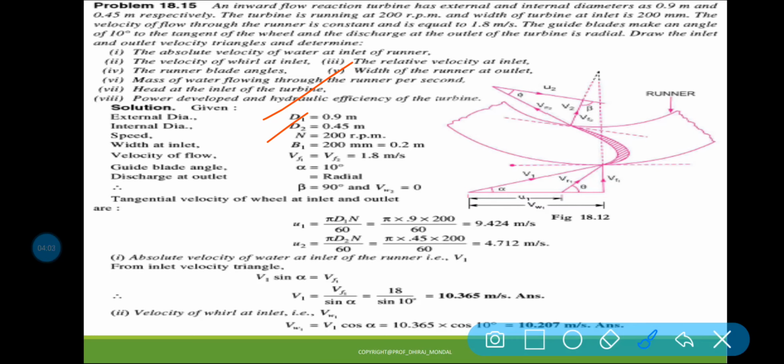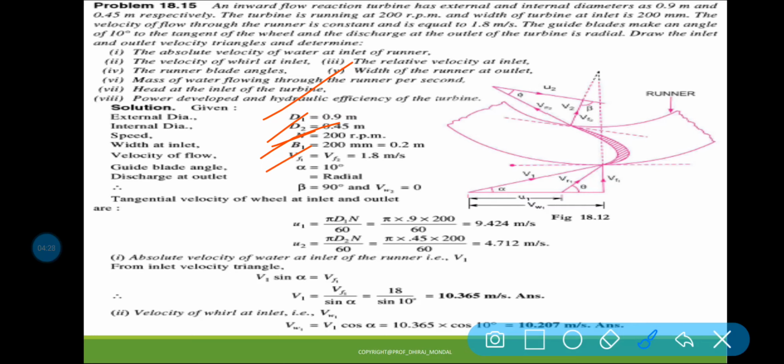The turbine is running at 200 rpm, and the width of the turbine at inlet is 200 mm, B1 is given. The velocity of flow through the runner is constant and is equal to 1.8 meter per second, Vf1 is equal to Vf2.